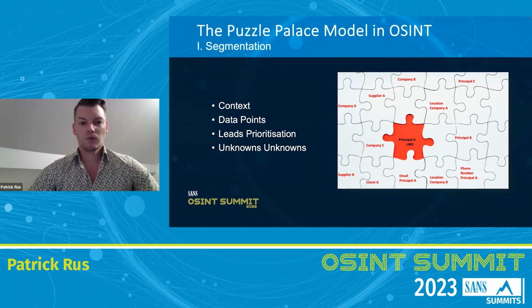You have to understand the requirements set in the beginning of the investigation. Based on those requirements, you define the data points, and you have to understand afterwards how to prioritize the leads based on those data points. Following that, you define the unknowns in the investigation.